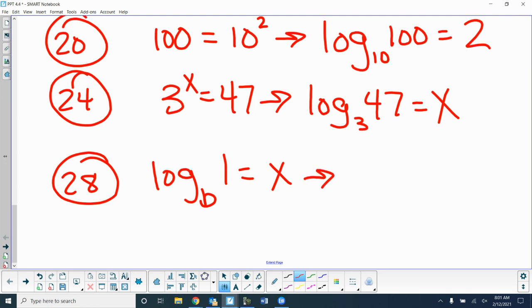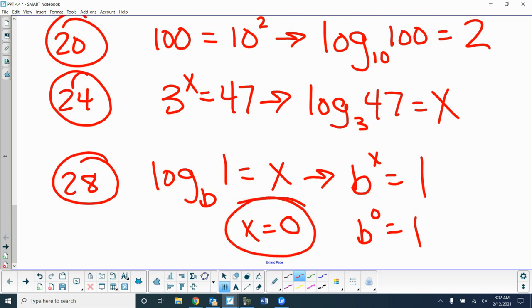B to the x power, b to what power is 1? Or we had a rule yesterday. Whenever that's a 1 after the log, what's the answer? 0. Right? Anything to the 0 power is 1. So our answer here is 0.